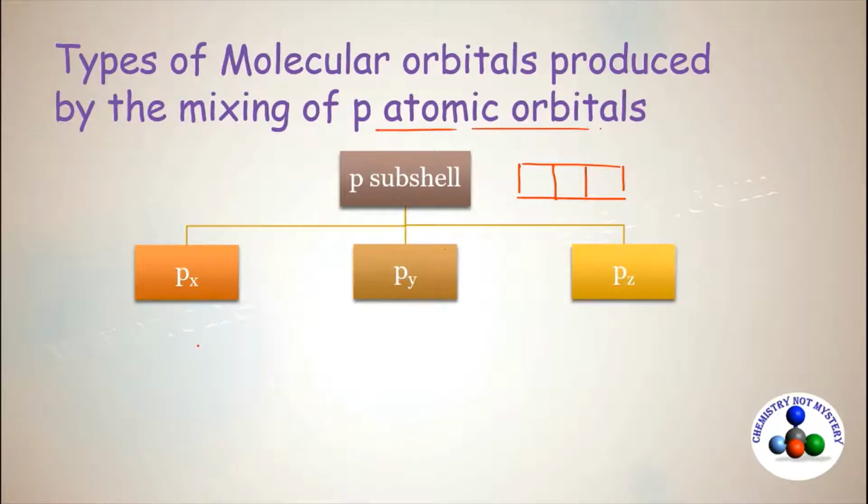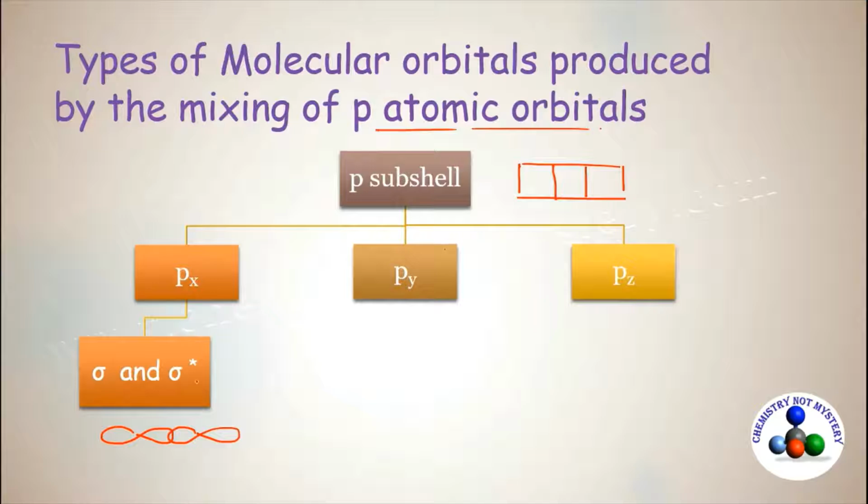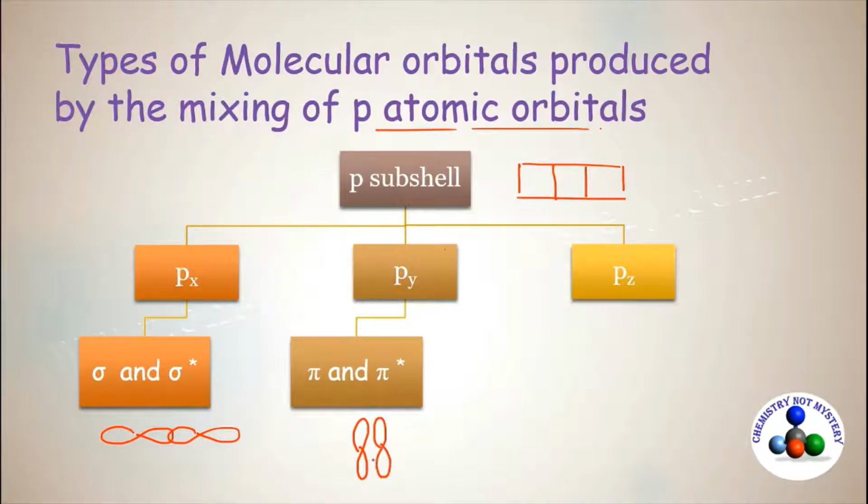When px orbitals overlap, they overlap head-on like this and result in the formation of sigma bonding and sigma antibonding molecular orbitals. This is the py atomic orbital of one atom. This is the py atomic orbital of another atom. They overlap sidewise. That's why they result in the formation of pi and pi star molecular orbitals.